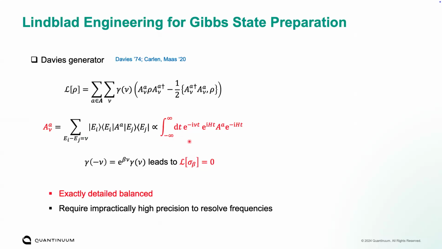From the uncertainty relation between time and energy, you have to do the integral of time from minus infinity to infinity. In practice, this is very costly. From the algorithmic viewpoint, it requires very high precision because you want to resolve the frequency with very high precision. That's a problem, but it's nice that this is detailed balance. So this is the Davis generator.